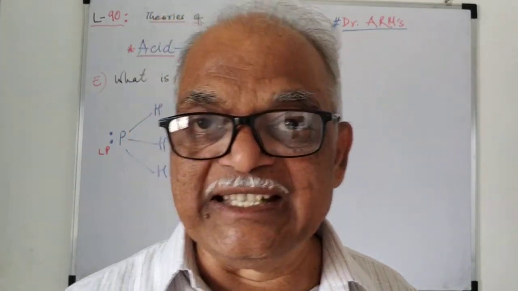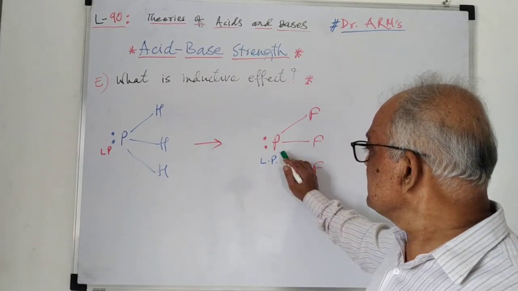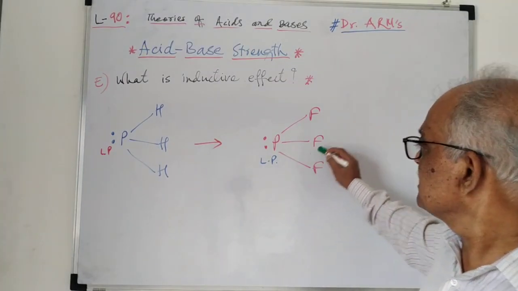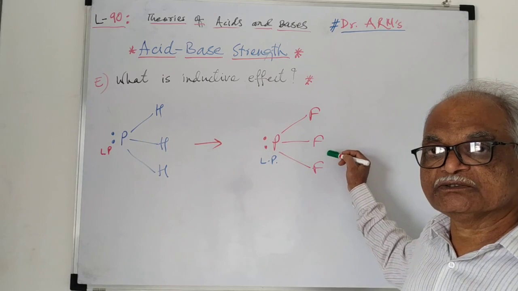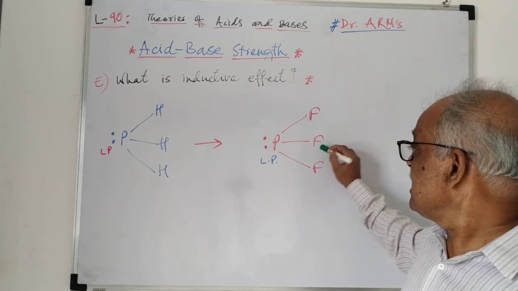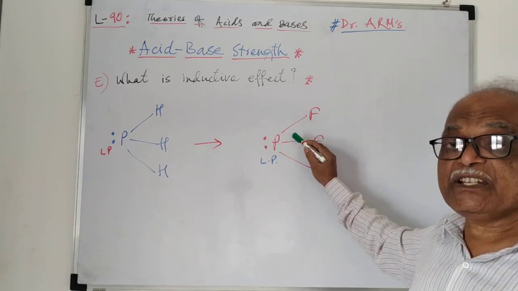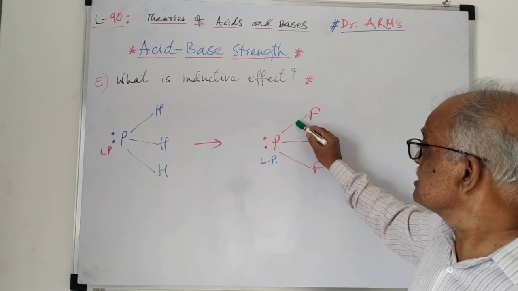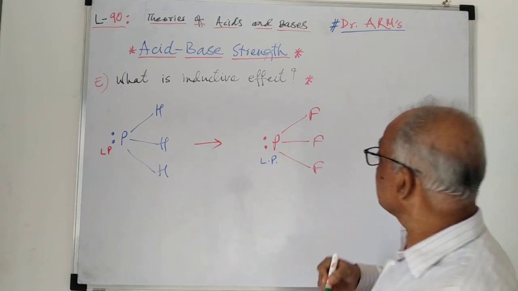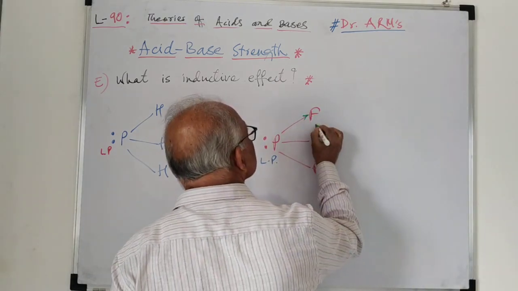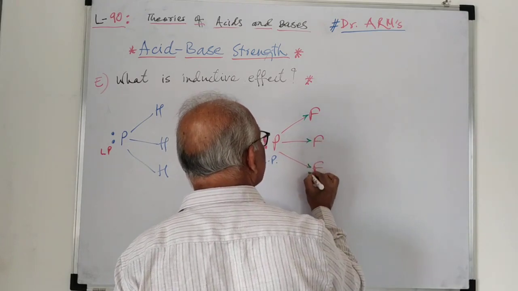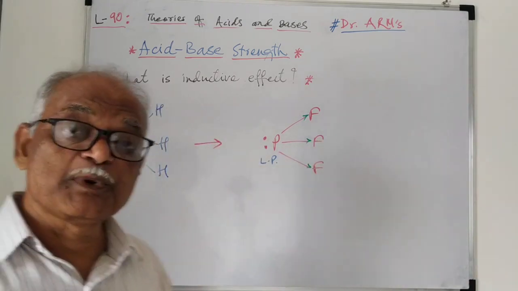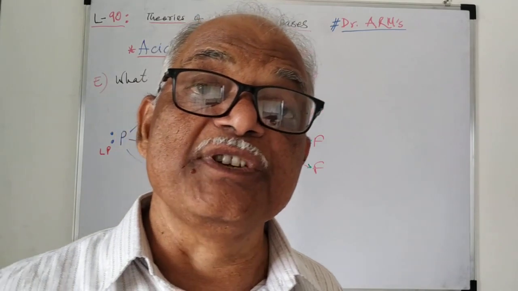In this case, if you compare, fluorines are electronegative elements and they have strong affinity towards electrons. So these bond pairs are attracted towards these fluorines because fluorines are electronegative.